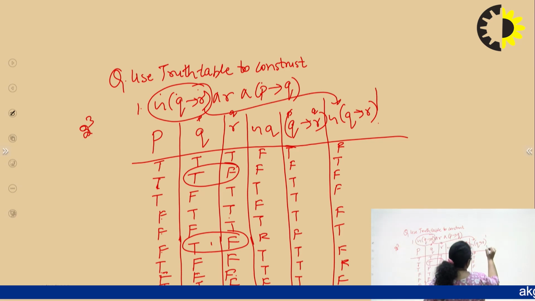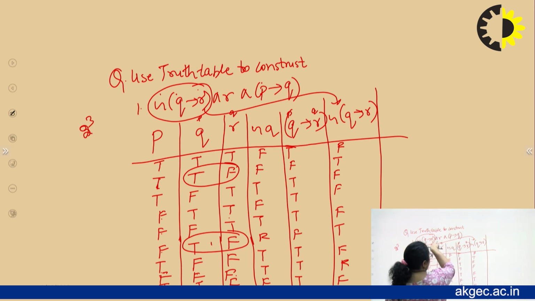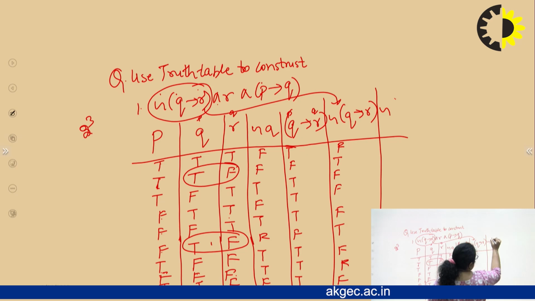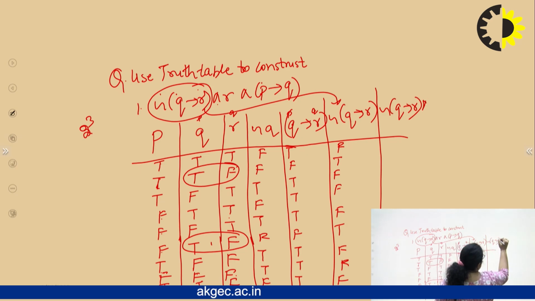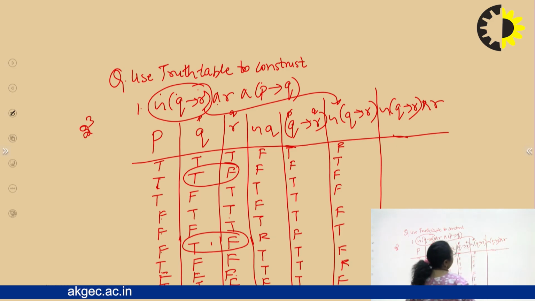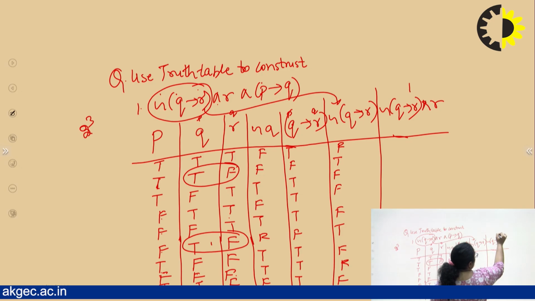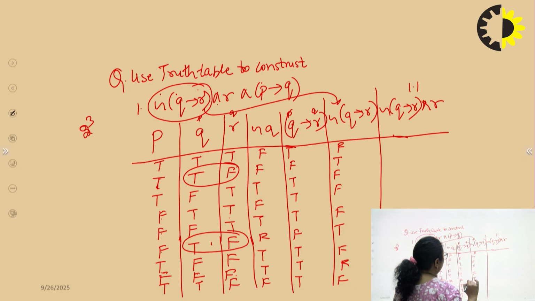So now we have the intersection with R. That means it is true for 1, 1 only. Rest it is false. So for this and this we have to do the intersection.